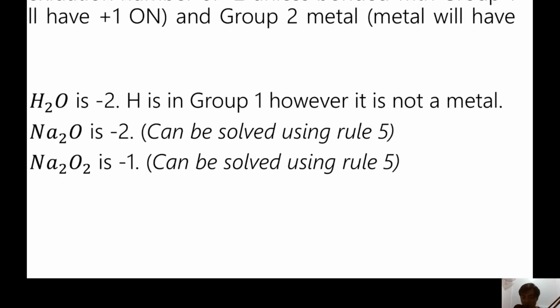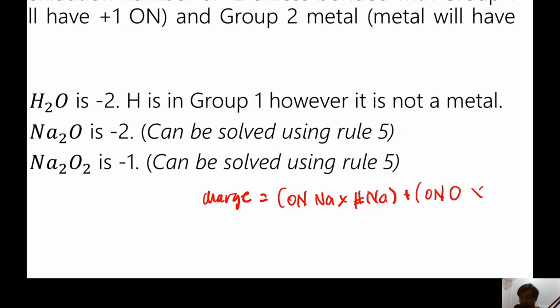So the charge equals the oxidation number of sodium times the number of sodium. You will do this for all the elements. Then the oxidation number of oxygen times the number of oxygens.